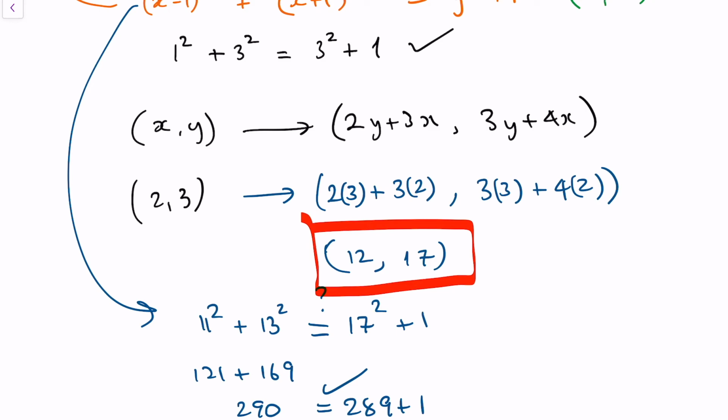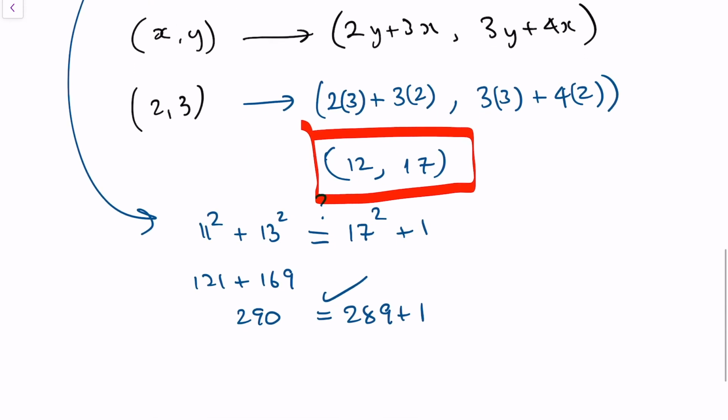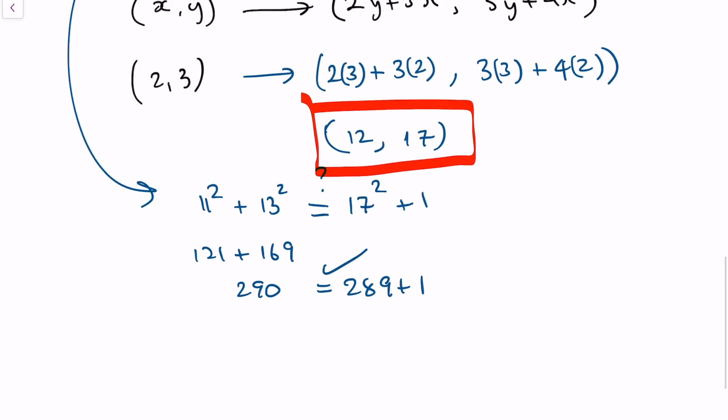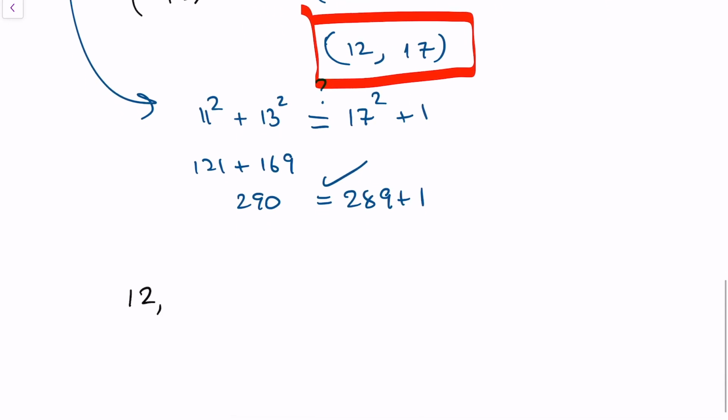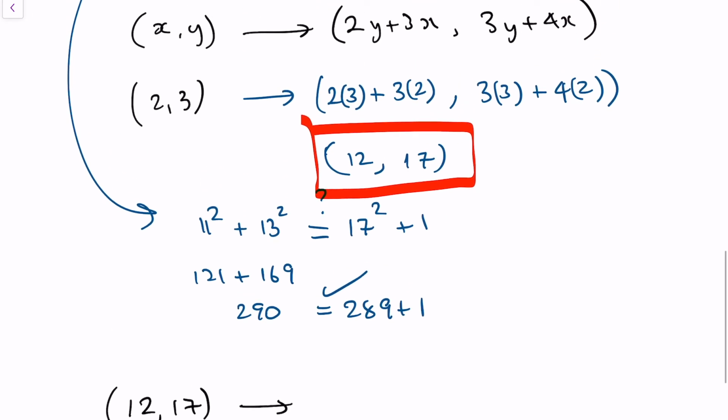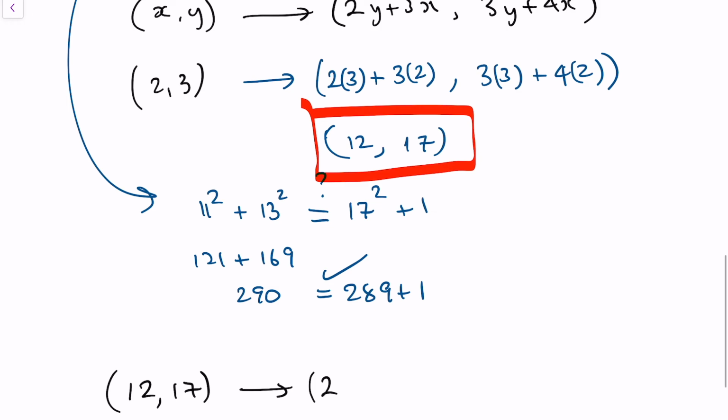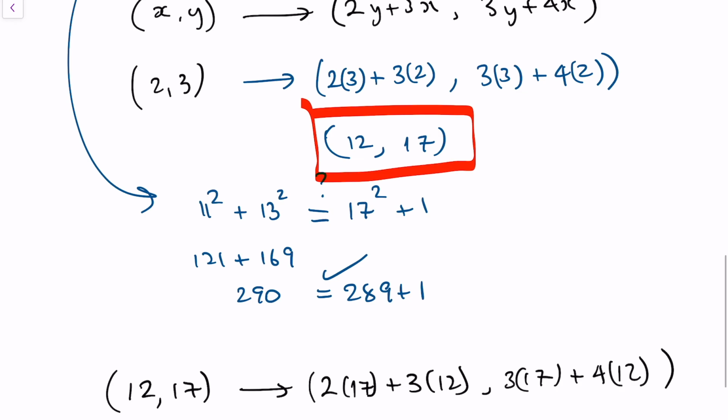And indeed, you can keep doing this. I'm just curious and want to look at the next possible solution as well. If we start with 12 and 17, apologies, and if we replace this with 2y, so that's 2 times 17, plus 3x, so it's 3 times 12, and 3y, which is 3 times 17, plus 4 times 12, right?